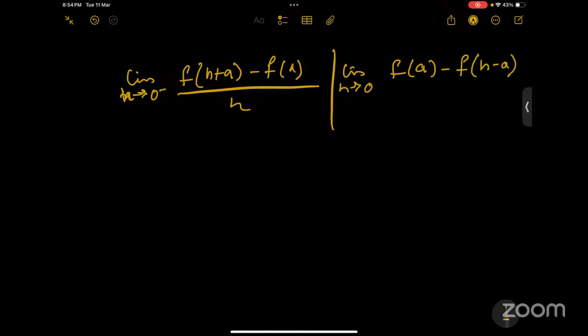That is your LHD. These two are basically the same, so we can use either formula. Both are the left hand derivative.